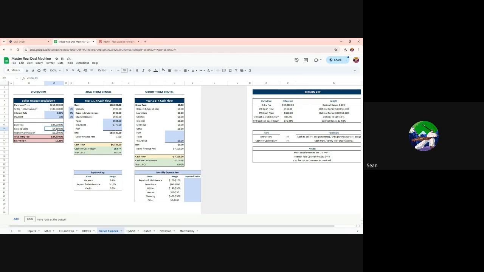The closing costs is for title, escrow, fees, insurance, things like that. And then realtor commission, obviously they're going to be paying that as well. So in order for them to purchase this $210,000 home under these terms, the buyer or the investor needs to come to the closing table with $34,200.